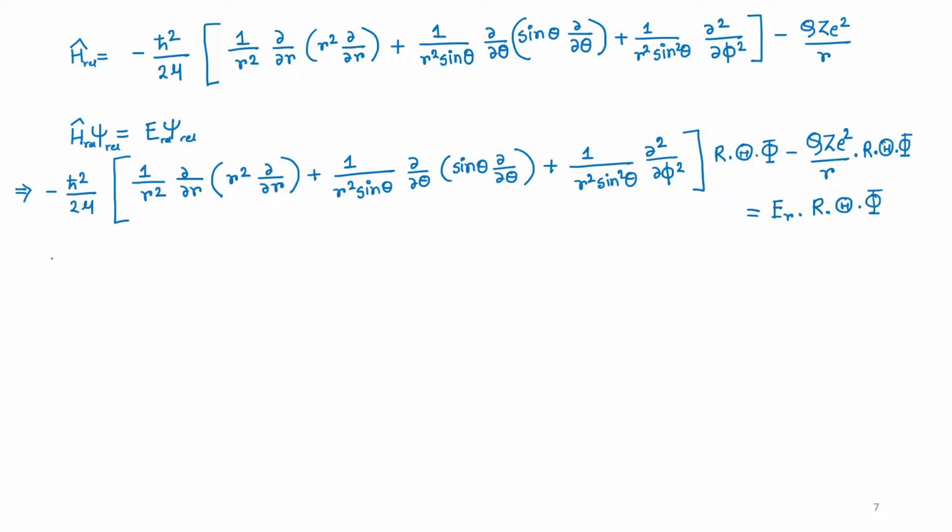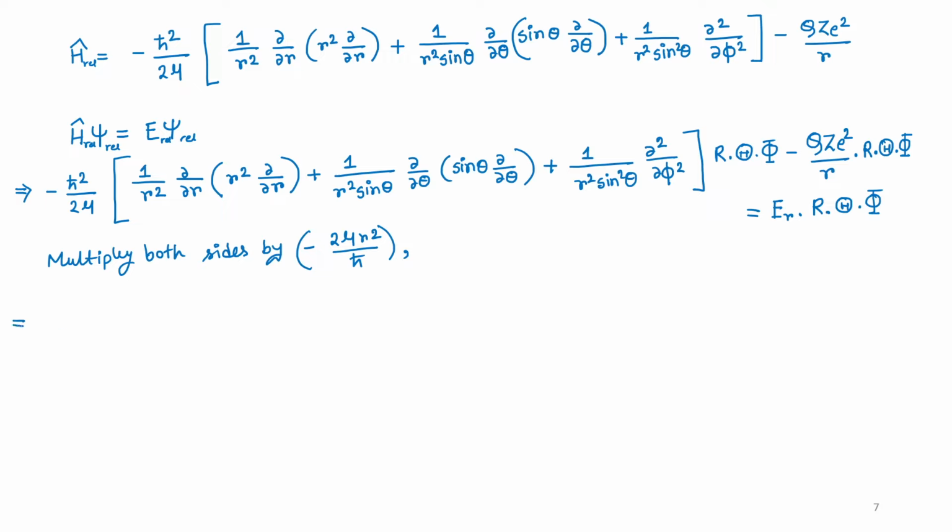Now we'll multiply both sides by minus 2 mu r square by h cut.